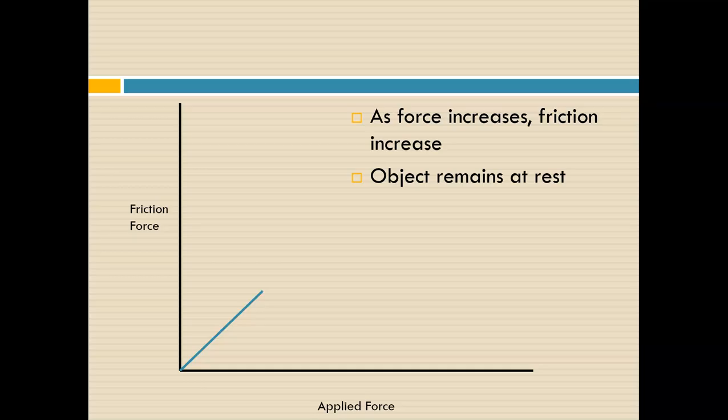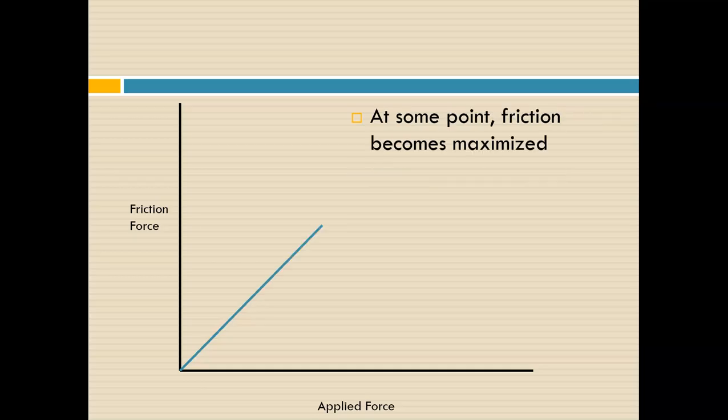We keep pushing the bookcase harder and harder. At some point, and we've all done this, the bookcase is going to start moving. When that happens, we discover something very nice: it takes less force to keep it moving than it does to get it moving.